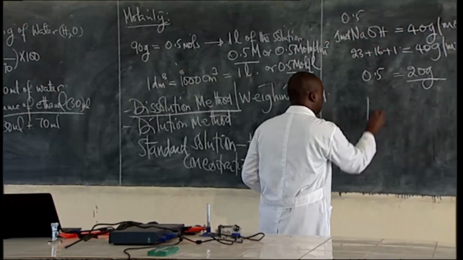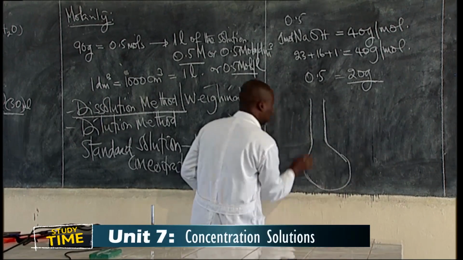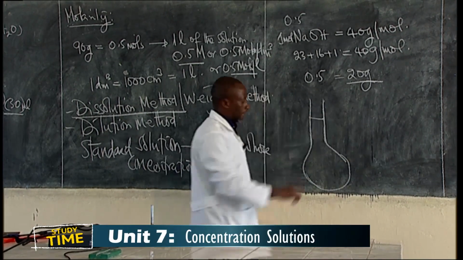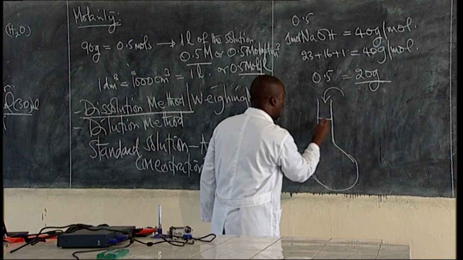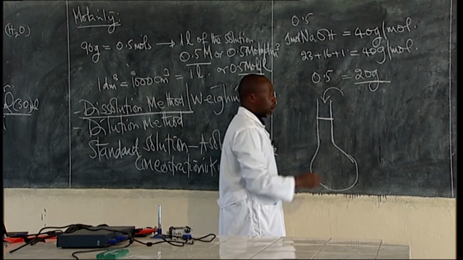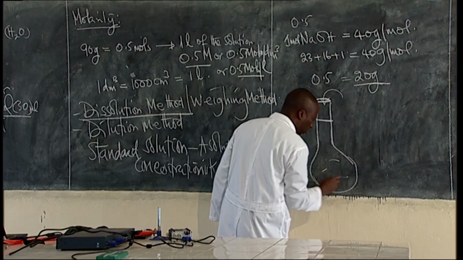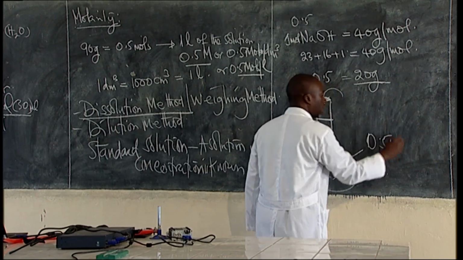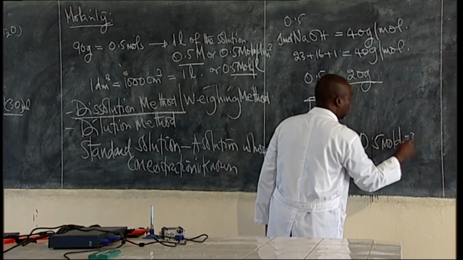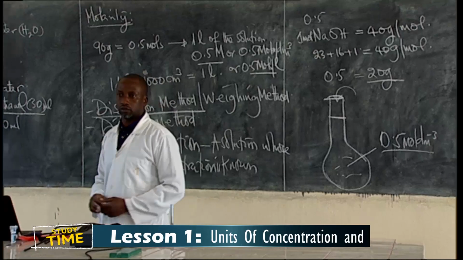So if this is the volumetric flask and it has the mark here, you have to transfer these 20 grams up to this mark. And then make sure you stopper this. This solution you have made here is equivalent to 0.5 mole per decimeter cubed. And this is a standard solution.